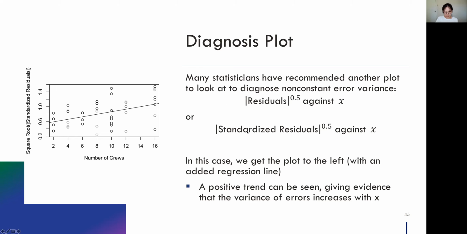So in this case, we plotted the square root of the standardized residual, and we can easily see that there is a positive trend, and it goes up as we increase the number of crews. So that's again the evidence of non-constant error variance.